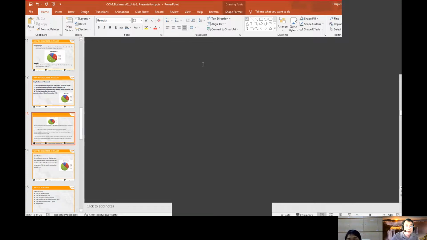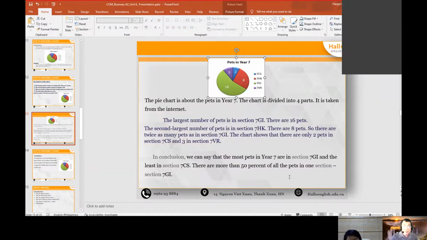So this would be our report now. Look at this one. This part would be our introduction, this part would be our body, and this part would be our conclusion.